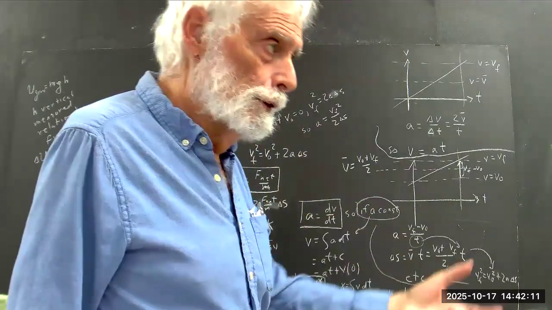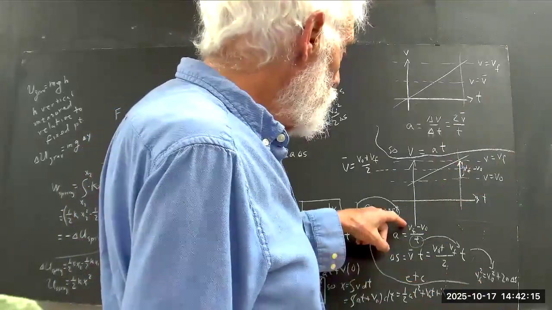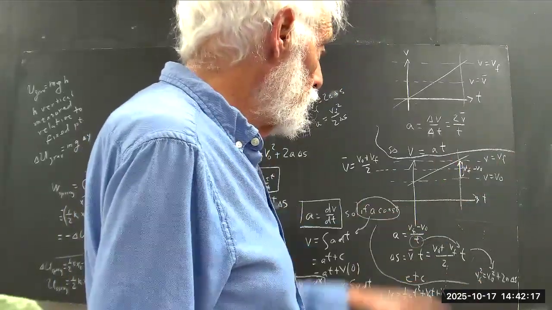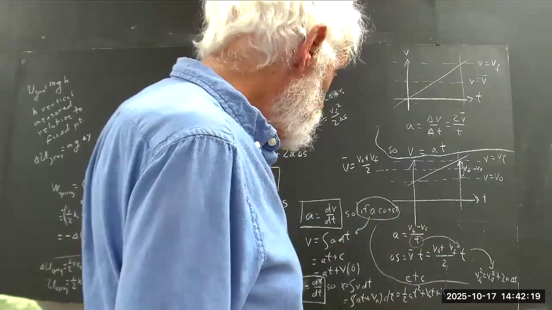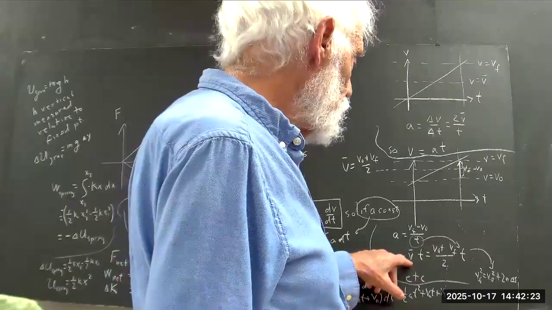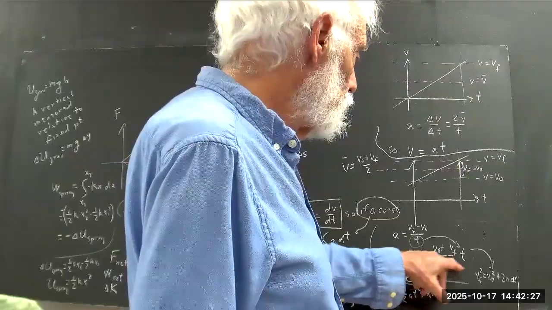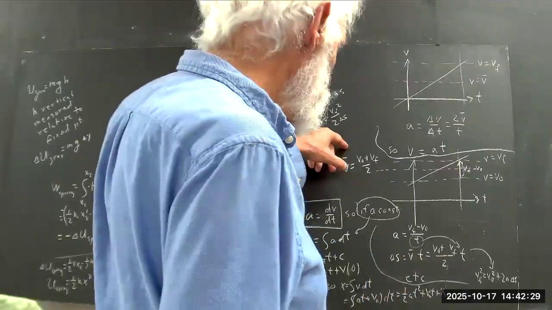So what do we have? Acceleration is the average rate of change of velocity, which is change in velocity over change in time, v_f minus v naught over t in this case. So that your delta s, which is equal to the average velocity times delta t, is (v naught plus v_f) over 2 times delta t. Now that follows from this.